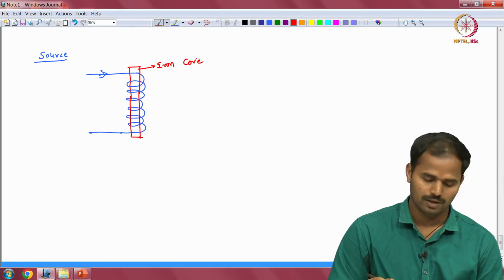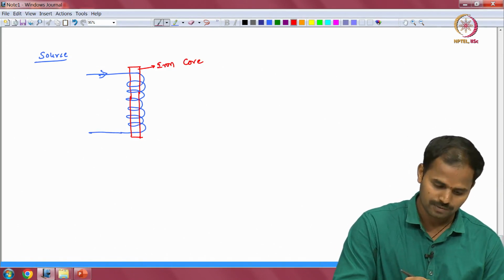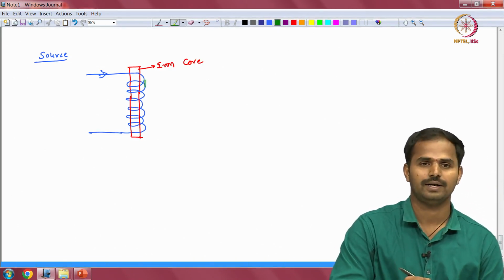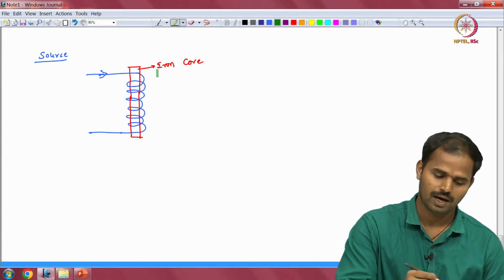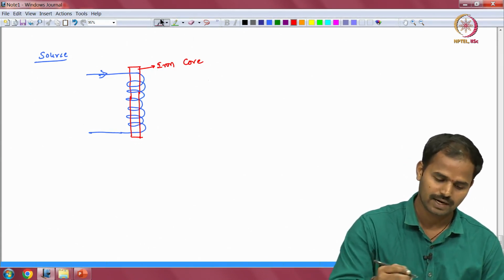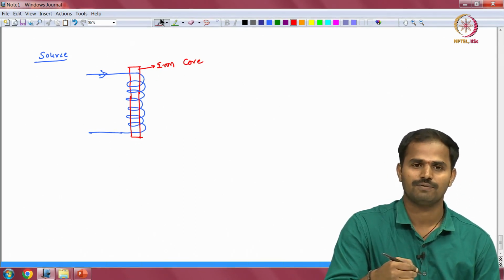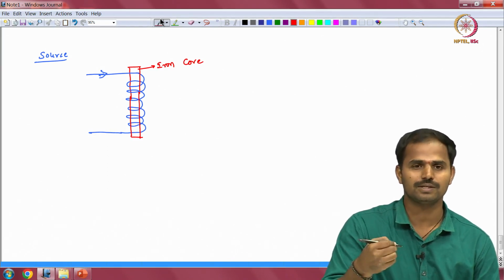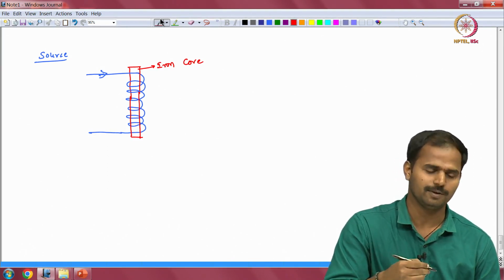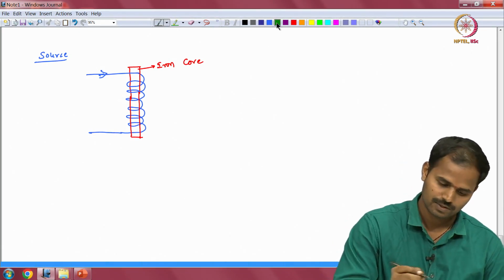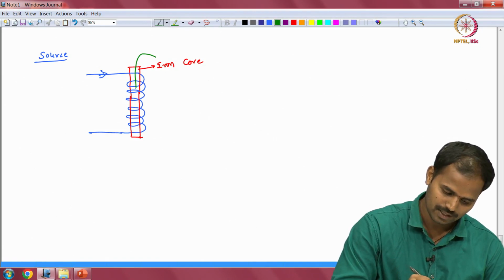Because of this iron core, the magnetic field density is increased, or in other words the resistance in the circuit is reduced. That means the flux will increase in a magnetic circuit. There is a magnetic resistance we are reducing, so automatically the magnetic flux will increase. The magnetic field lines will be in this manner.